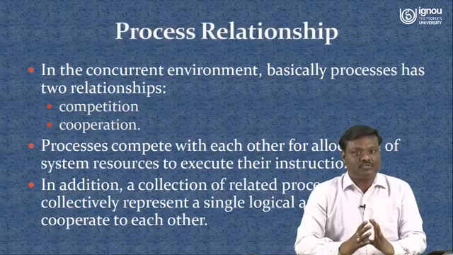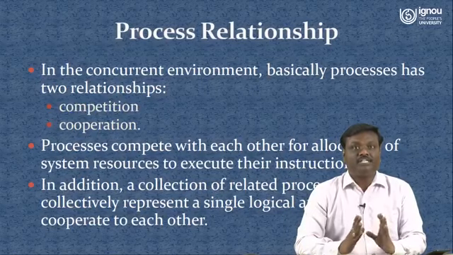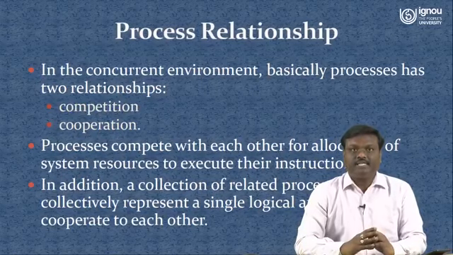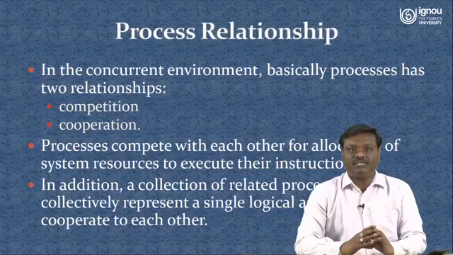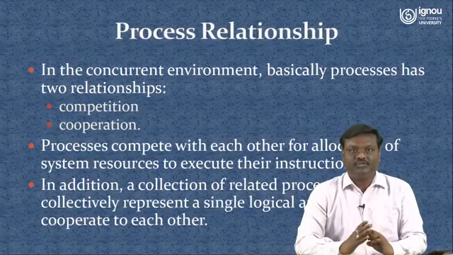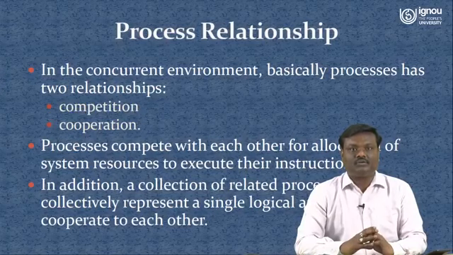Processes compete for resources. Once one process requests a resource, it is allotted if it is free. Whenever P1 is attached to resource 1, P2 may require the same resource, so it should wait.